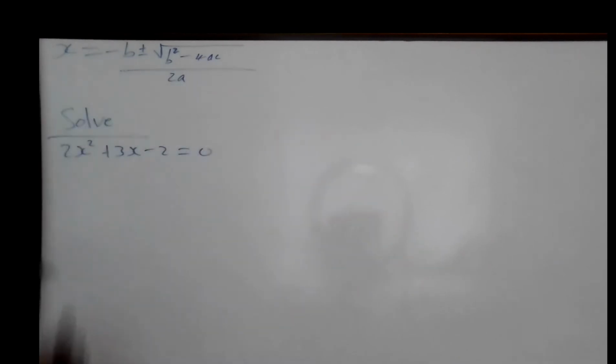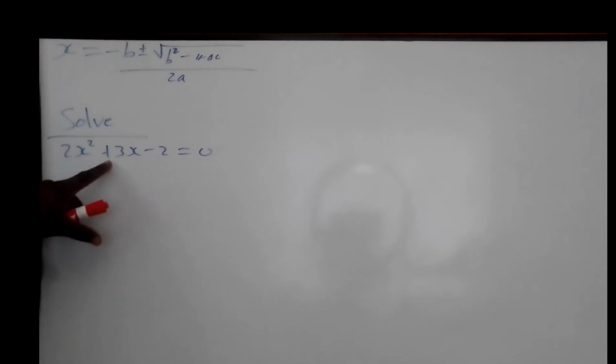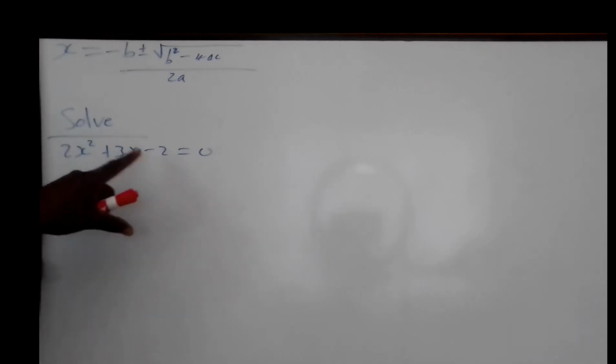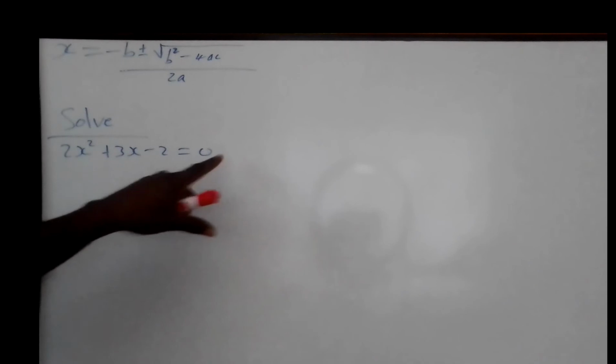So remember, the formula is x equal minus b plus minus square root b squared minus 4ac all over 2a. Yeah, please remember the formula. So we're going to solve this problem. So 2x squared plus 3x minus 2 equal 0.